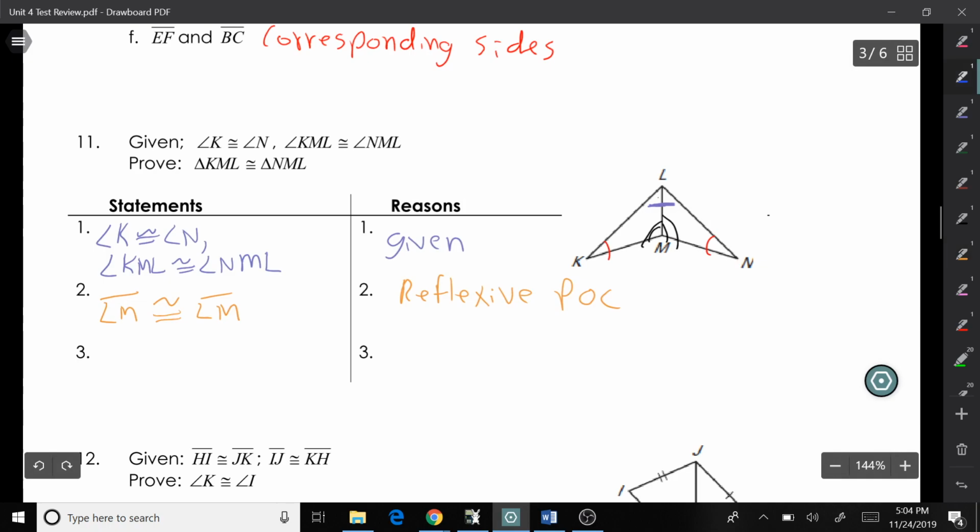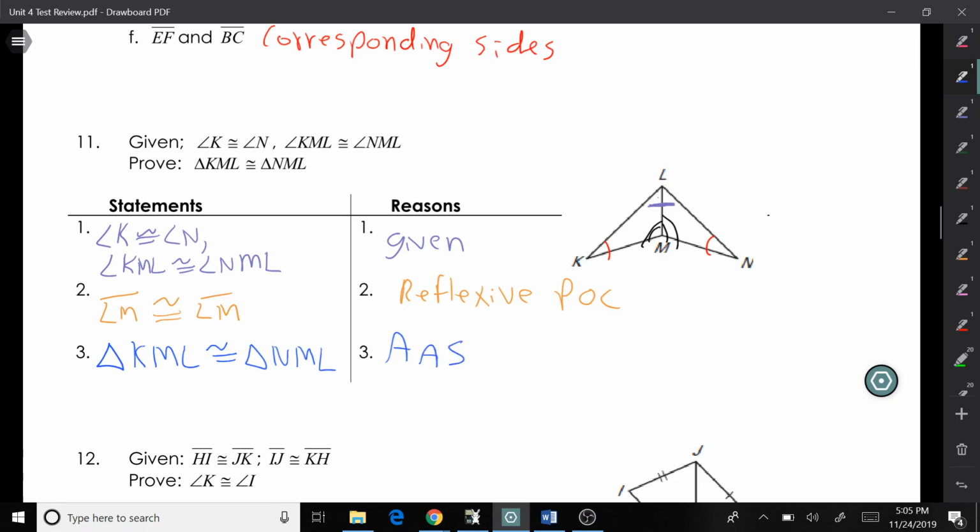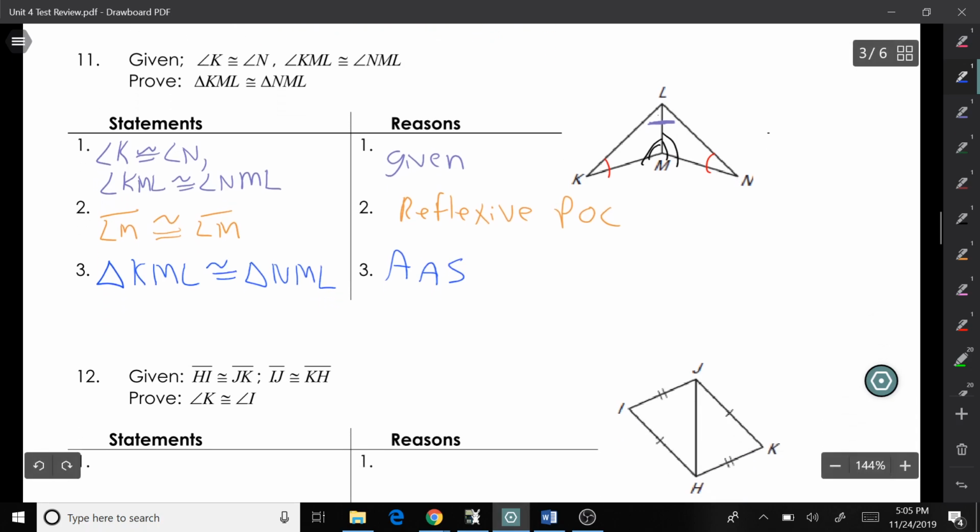So then that means that the triangle KML is congruent to triangle NML by angle, angle, side. Like I said before, it's always easier if you kind of mark up the picture so you know what you're doing and where you have to go, and then you can write it out.